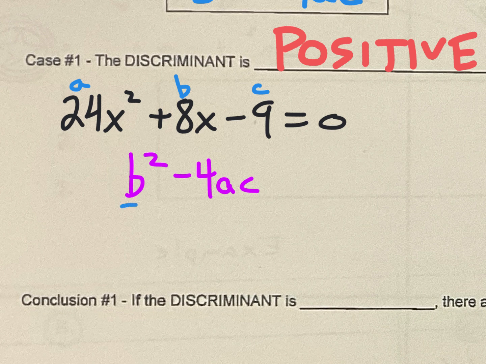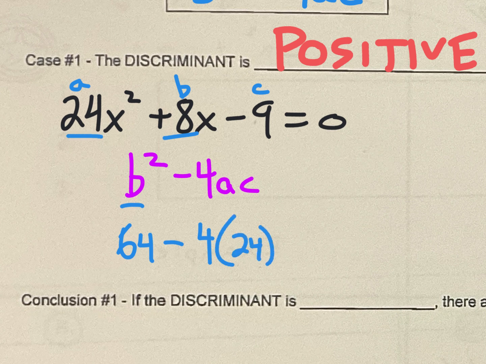Okay, for us, B squared would have to be 8 squared, so that's 64. This will always be a positive number, remember, because I squared it. Then a minus sign, then a 4. Then my A value is 24. My C value is negative 9.